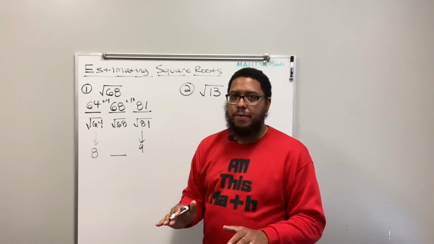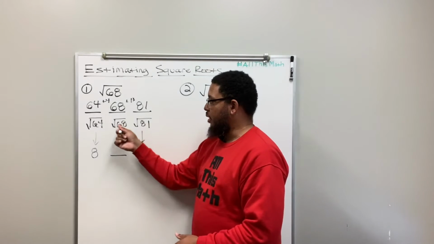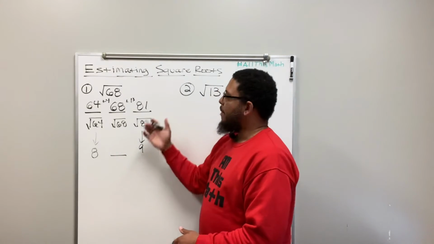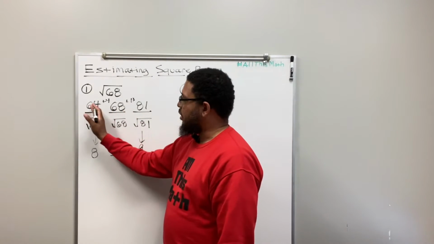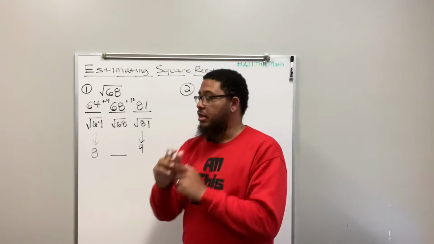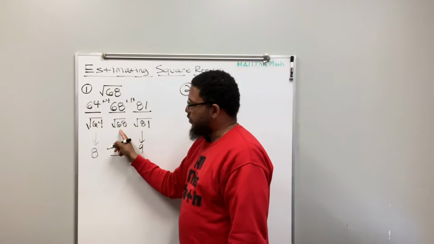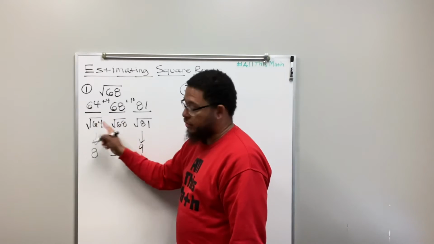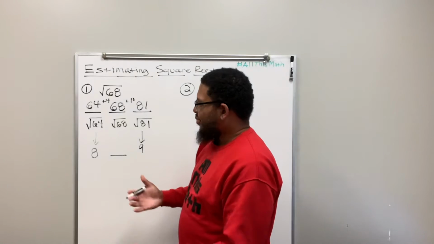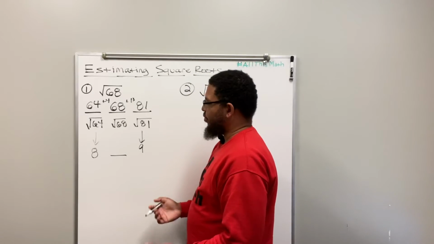But because 68 is closer to 64, remember, visualize the number line in your head, that means the square root of 68 is closer to the square root of 64. So therefore, we can estimate maybe like 8.3.